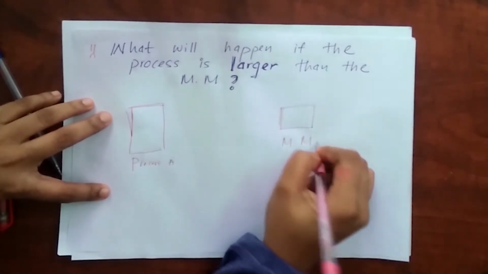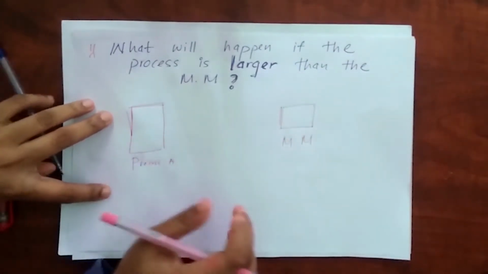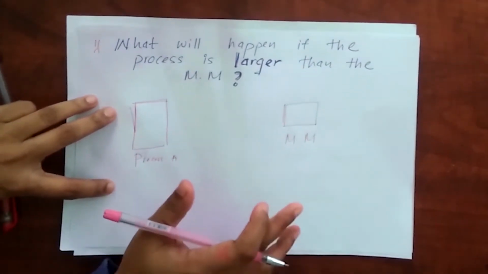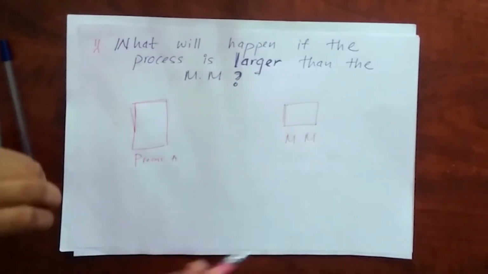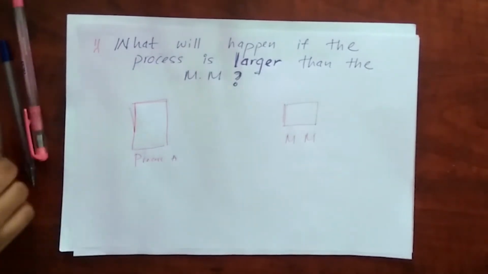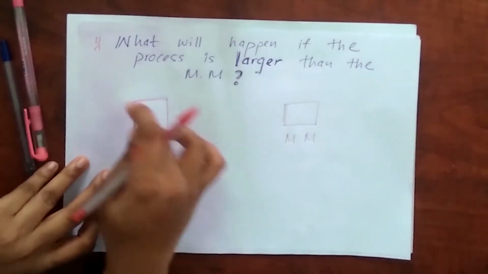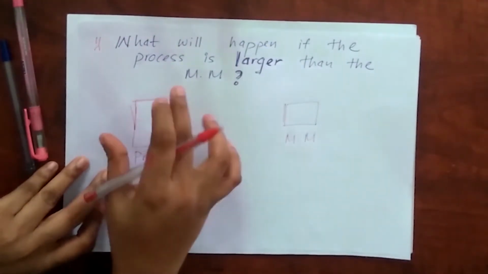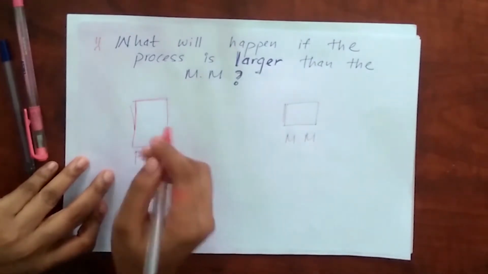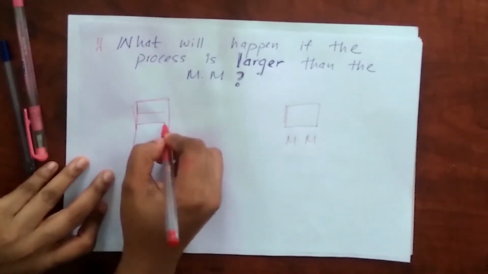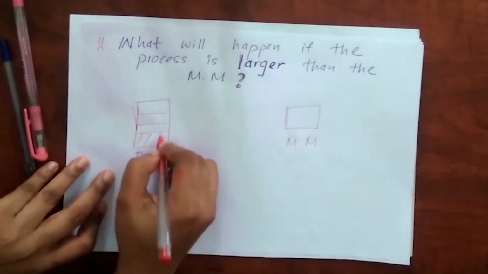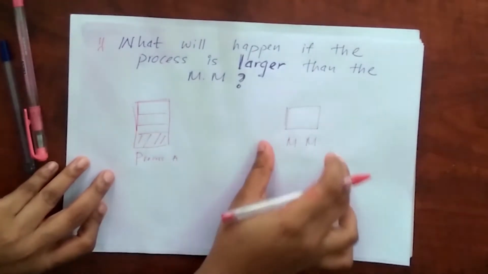The size of the main memory is smaller than process A. So what will happen now? Then we can come up with a solution like this. Rather than loading the entire process, we can load some parts. We can load some portions of the process to the main memory.